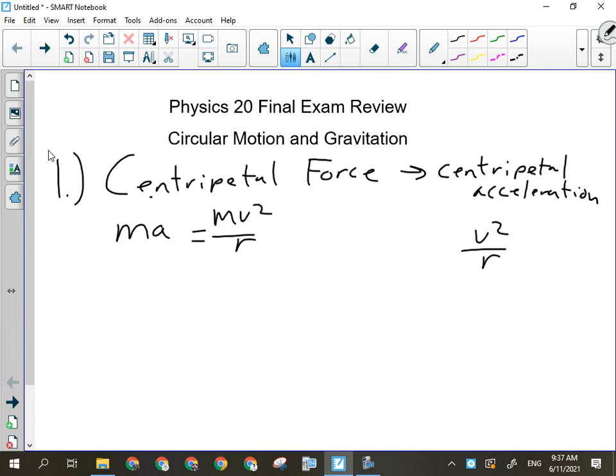What you have to be able to do is identify what is acting as the centripetal and thus net force for uniform circular motion, or for vertical circular motion, use all the forces to calculate the net force. Fc is our net force after all, right? That's why we go forces in minus forces out. That's the vector sum of all forces for something moving in a circle.